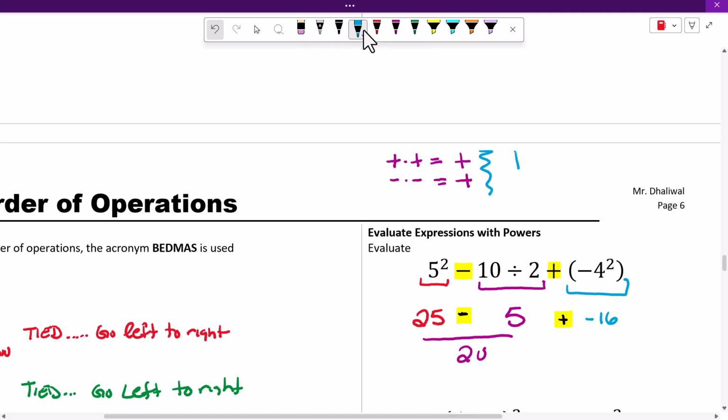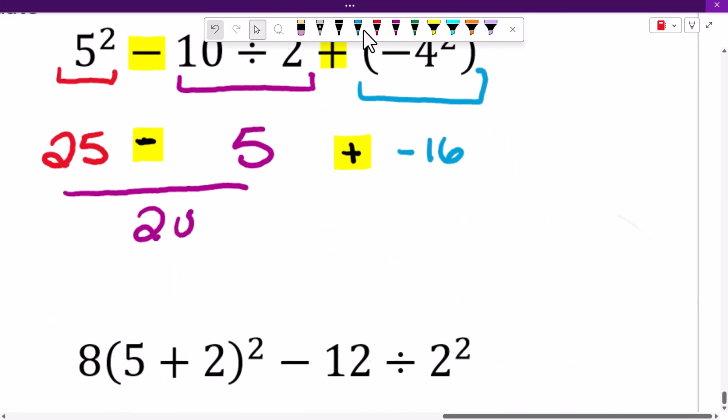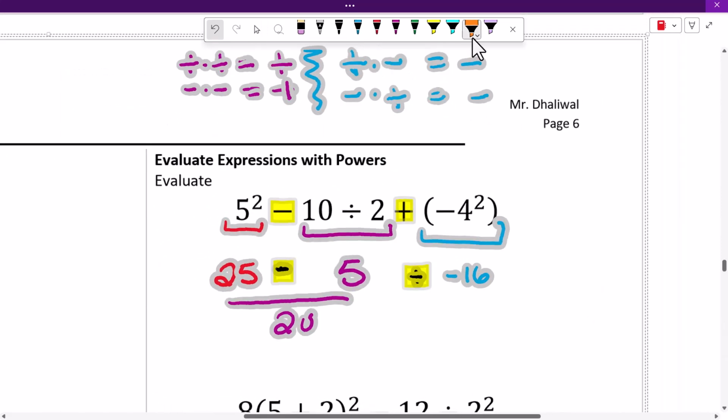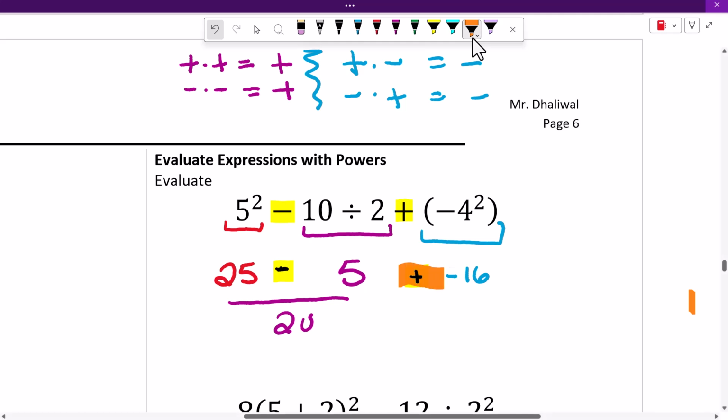However, if you have a positive and a negative, the signs are different. The answer is negative. Or a negative and a positive, the answer is negative. So these two signs here combine to what? A plus sign or a minus sign? Gage? Negative. Negative, or a subtraction. They're interchangeable. So you go minus 16.